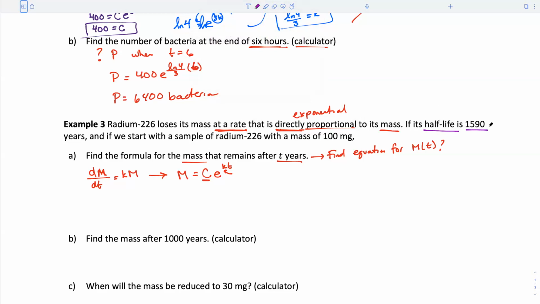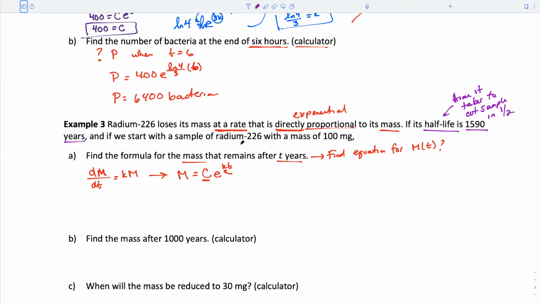Half-life means how long until half of the original sample is left. It's the time it takes to cut a sample in half.